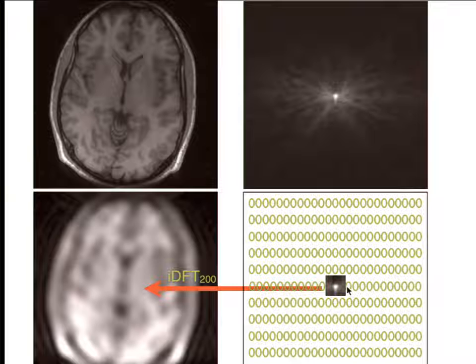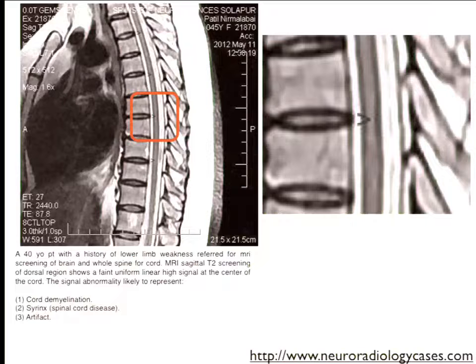One last thing: truncation artifacts. The fact that you crop and you use a rectangular window. Here's a case, an MRI of a spine. A 40-year-old patient with a history of lower limb weakness was referred for an MRI screening of the brain and whole spine. The sagittal T2 screening shows a faint, uniform, linear high signal at the center of the cord.